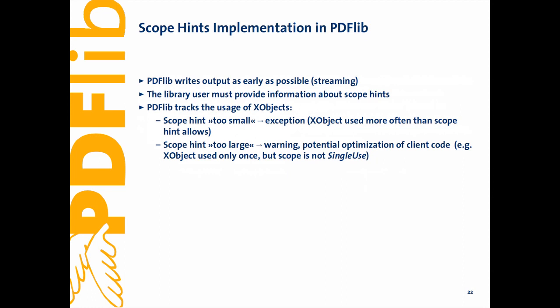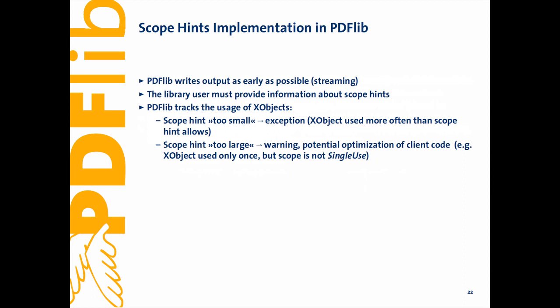For example, if you say this X object will be referenced only once with scope single use, and you use it twice or more, at the point when you use it twice, you will get an exception, because it would actually be a violation of the PDFVT standard to have an X object with scope single use used more than once in a PDFVT file.